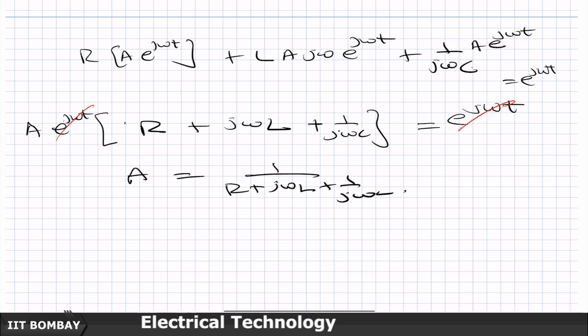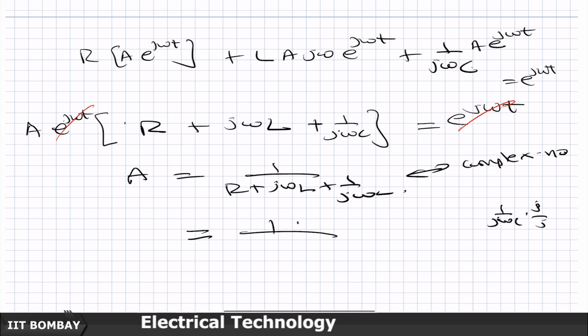So, this a has turned out to be a complex number, and if you multiply 1 by j omega C, both numerator and denominator, by j, then in the denominator the j square will become minus 1.